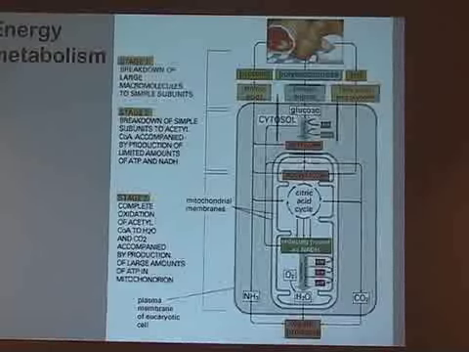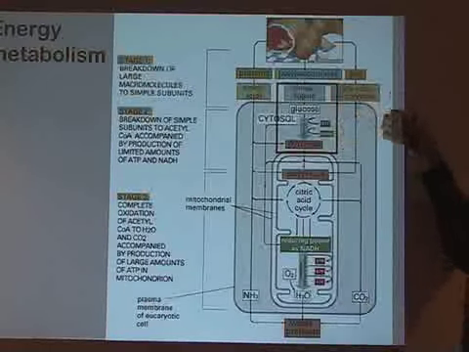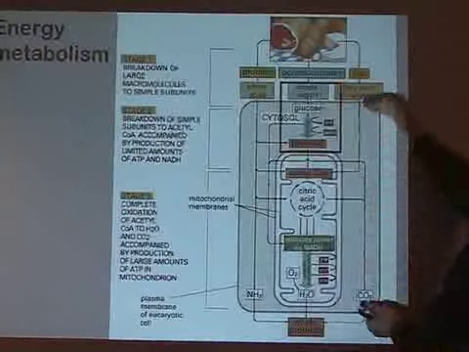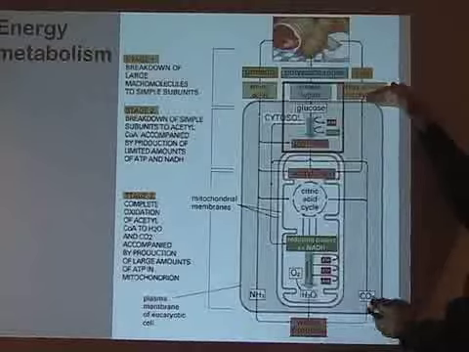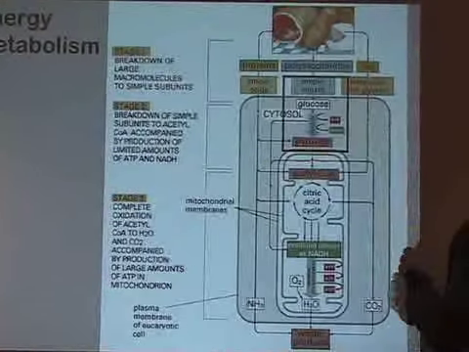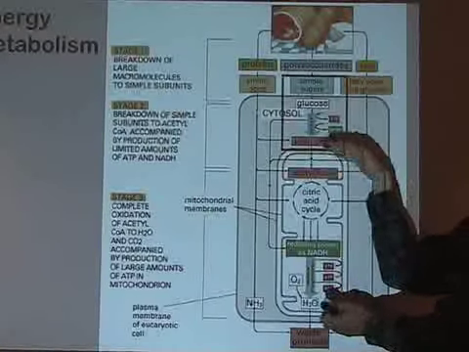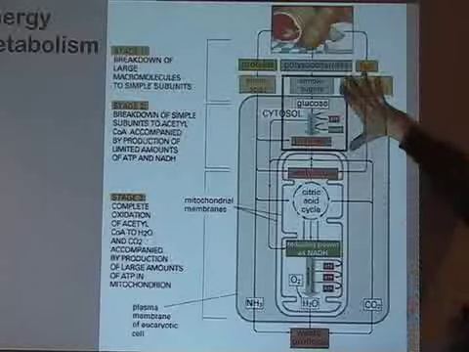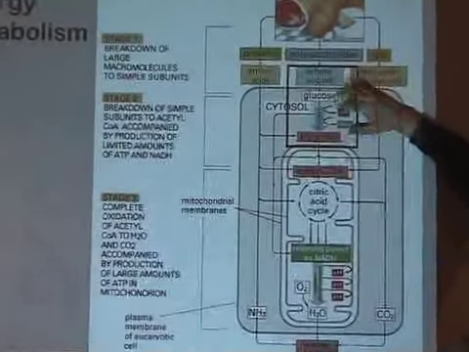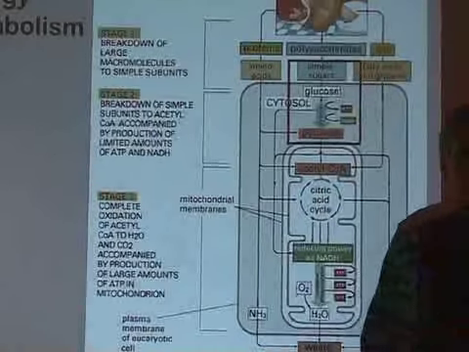And the part that I'm going to be talking about today is the first steps which occur in the cytoplasm of the cell. So this whole round thing is the cell, and this little mini round thing is the mitochondria. In another lecture, I'll talk about what happens inside the mitochondria, but for today we're going to focus on taking up glucose and converting it to pyruvate, harvesting some energy along the way.